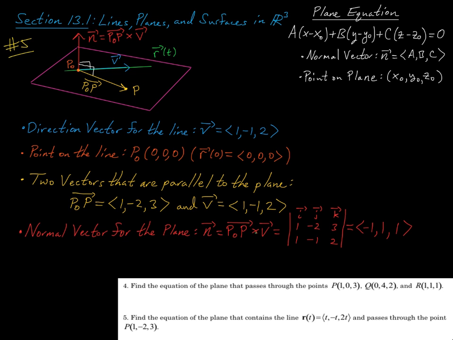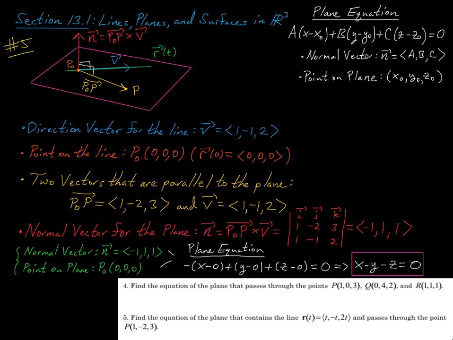Okay, and the cross product comes out to be (-1, 1, 1). And so I have a normal vector, (-1, 1, 1), and I have a point on the plane. Now, I'm going to actually use P0, which again is just the origin, just because that'll make the resulting cleanup a little simpler.